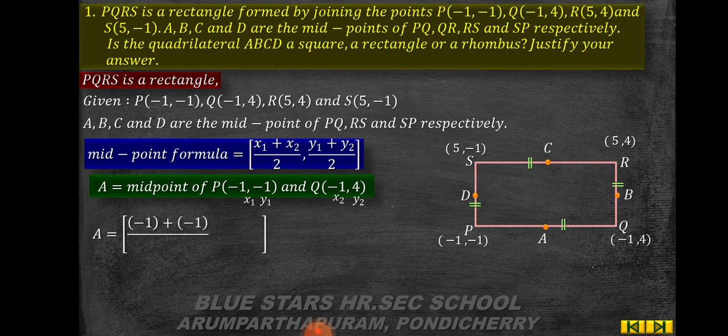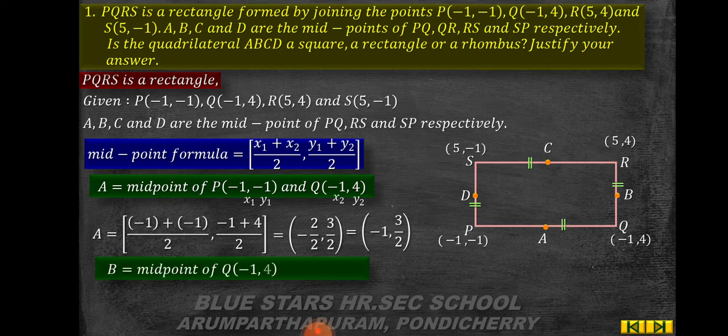We get the value of x1 is minus 1 plus the value of x2 is also minus 1 divided by 2 comma the value of y1 is minus 1 plus the value of y2 is 4 divided by 2, which is equal to minus 2 divided by 2 comma minus 1 plus 4 is 3, 3 divided by 2, which is nothing but minus 1 comma 3 by 2.